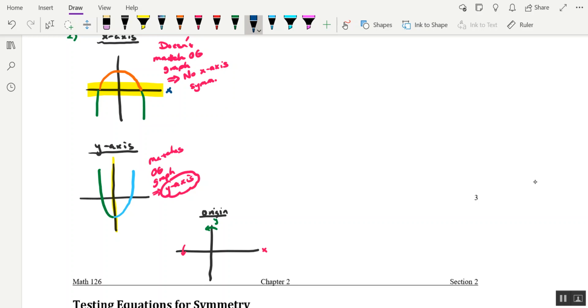Now, let me draw the piece of the original graph that's in quadrant 1. If we reflect that across the y-axis, that will turn into that.